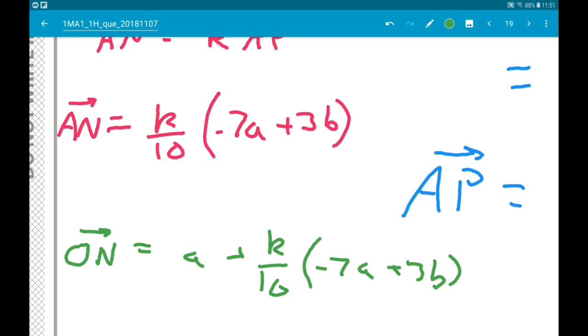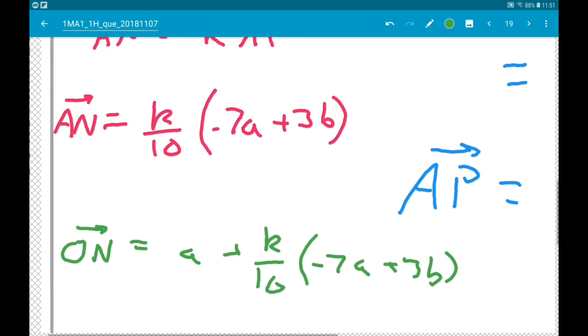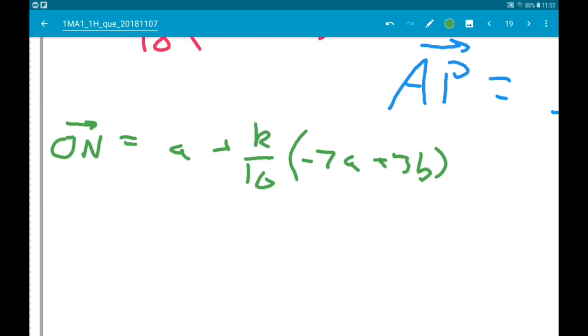Now then, we know that if we expand this, we are going to get A minus 7ka over 10 add 3kb over 10.